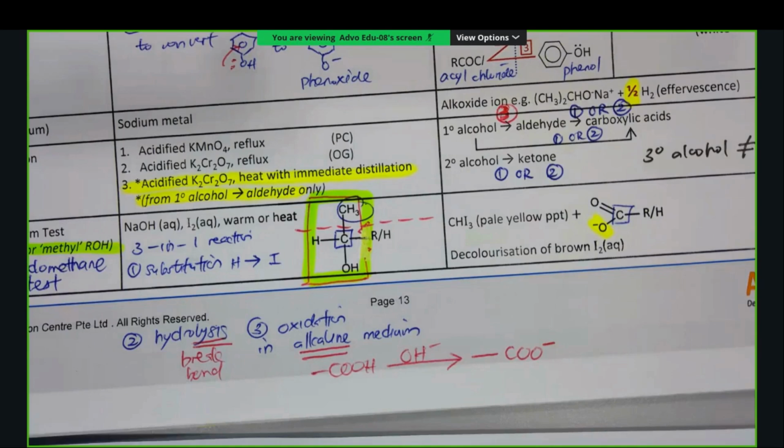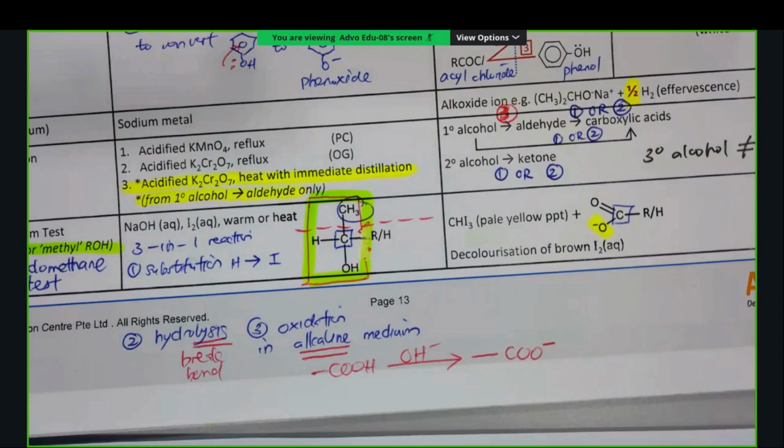Sodium hydroxide in alcohol medium, very good. Then you link it to another one also in alcohol medium, but a different reagent, which is NaCN. Finally, the N you associate to amines.